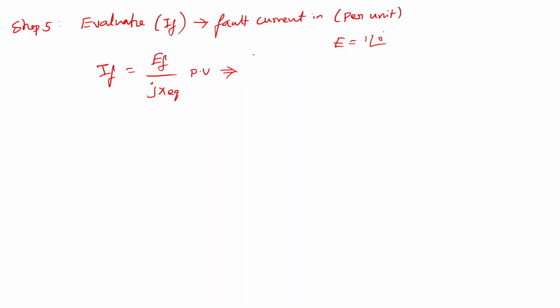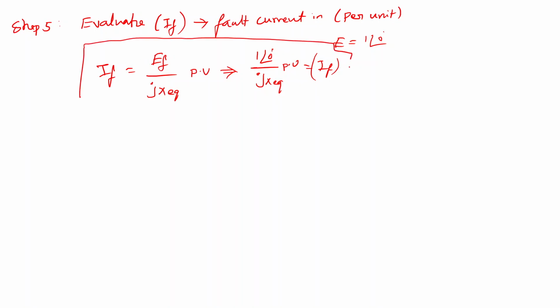So in the formula for IF, I put 1 angle 0 divided by JX equivalent in per unit. So this is step 5: we need to find the IF value. This is one of the formulas to note for finding the fault current.